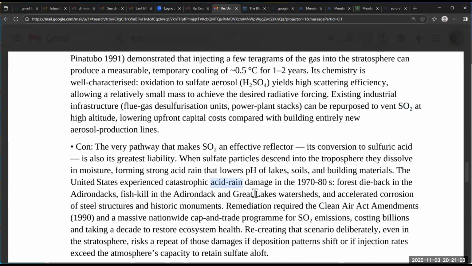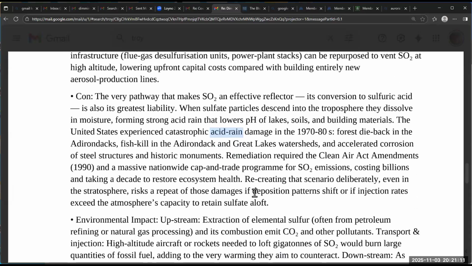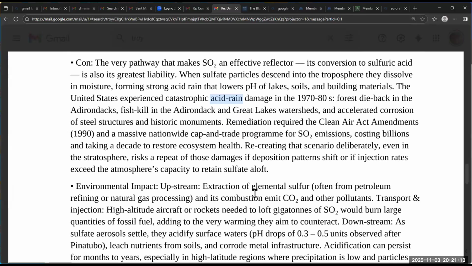And yet sulfur dioxide happens to be like the favorite choice of idiots all over the place. And they just don't know what they're asking for when they try to choose it. It is good at reflecting, and it is a natural thing that's out there, but that doesn't mean it's a good choice. Then there's, so forth. I'll let you go on and read the remaining ones yourselves.